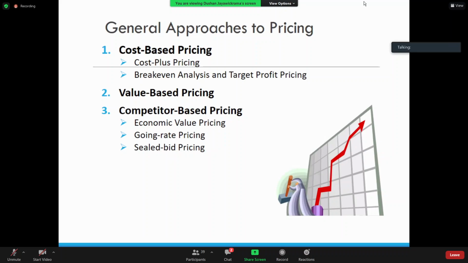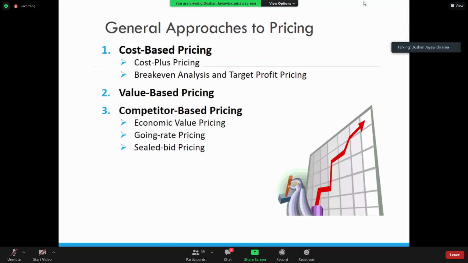Of course, they consider the cost at the end to make sure that the cost is covered and they can earn a relatively good profit. But the key determinant of the pricing is the amount the customer is willing to pay. Competitor-based pricing means you set the price based on how much the competitors are charging.